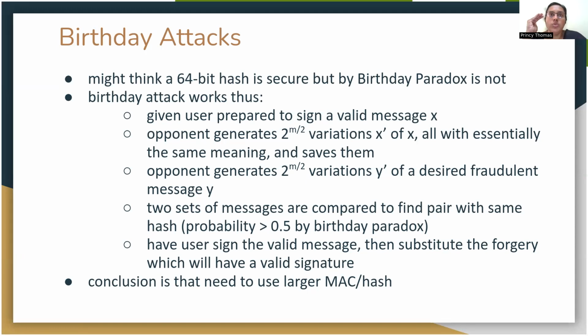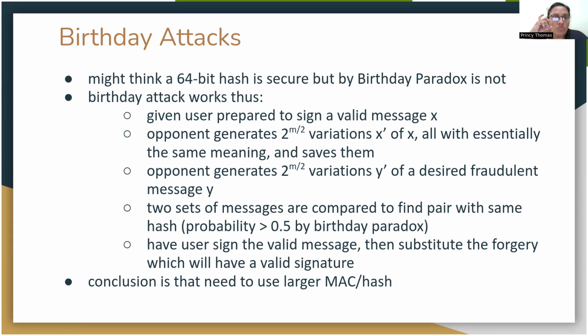Then he generates his fraudulent message Y, and again finds 2 raised to m by 2 variations of this fraudulent message Y'. So he has 2 raised to m by 2 variations of the original message X and 2 raised to m by 2 variations of his fraudulent message Y.